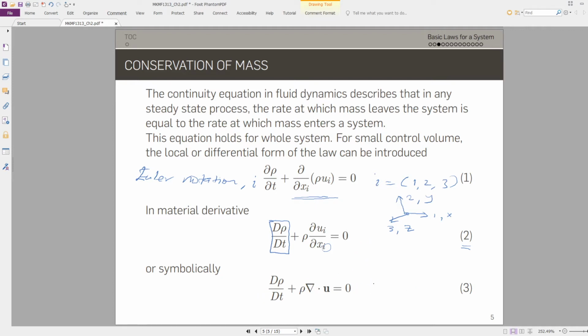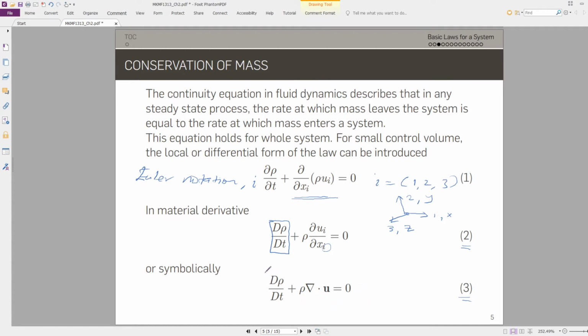Then the similar equation of the conservation of mass can also be found, which is written symbolically, as represented by equation number 3 here.